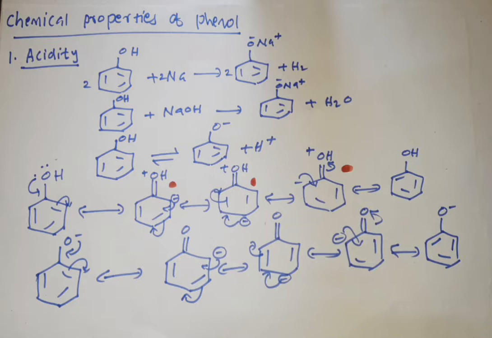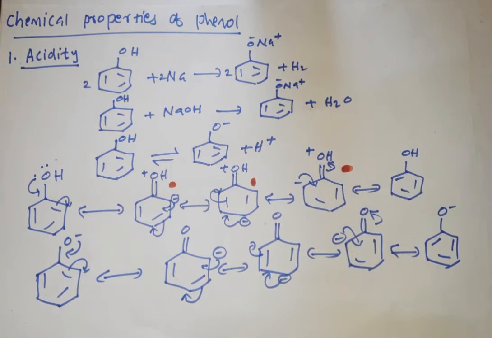So, the phenoxide ion, which is formed by the ionization of phenol, is more stabilized than phenol. The phenoxide ion is more resonance stabilized than phenol.